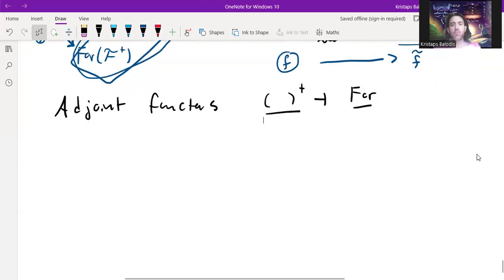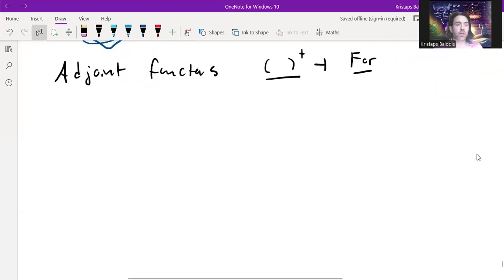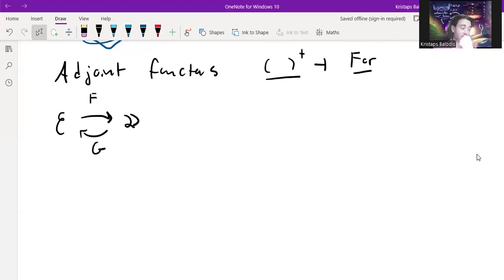So, another reason is generally speaking, I mentioned there's this, between two general categories, right? I can have a pair of functors. Well, either these functors could be bang on equal to the identities in each case.